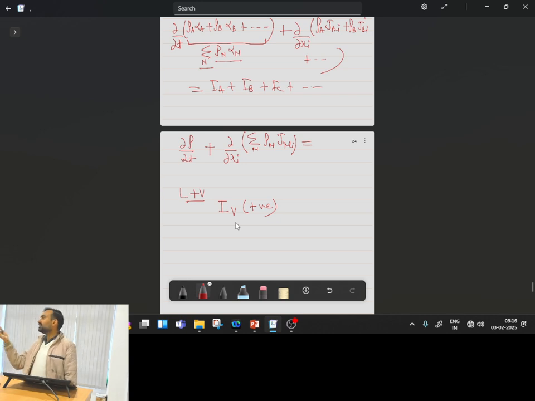So vapor mass will be generated. That's why IV will be positive and IL will be negative.